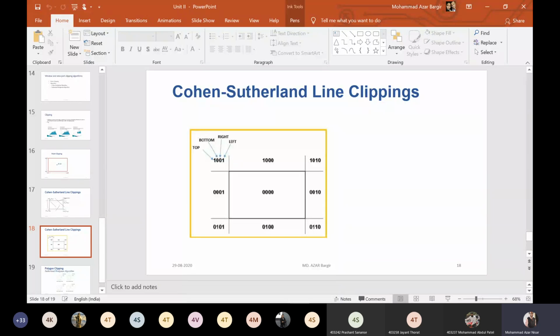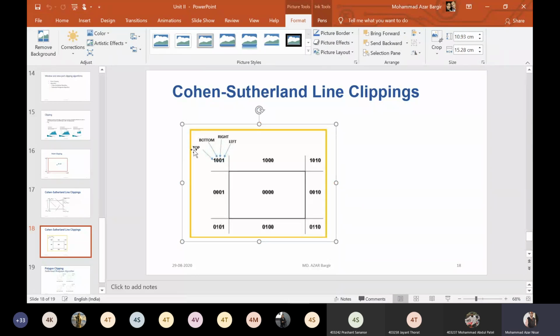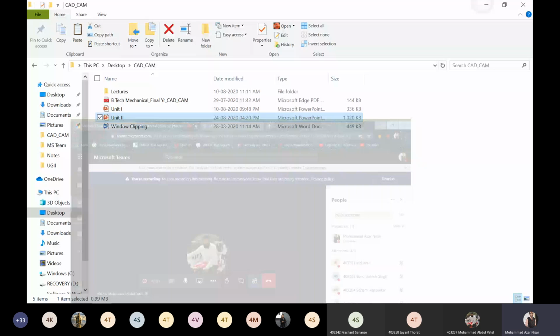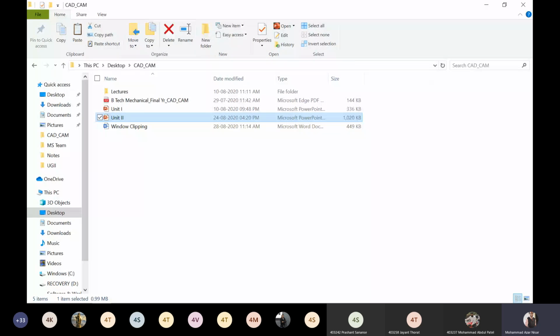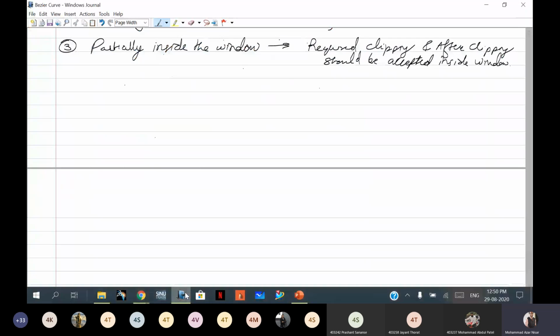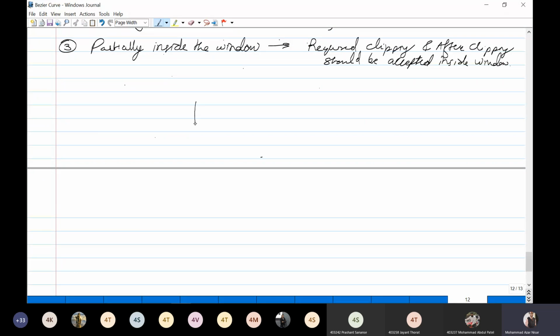Now, how do we get these codes? There is a term called TBRL, which is nothing but top, bottom, right, and left. This is used to plot these numbers. In the center there is the window, which is inside, so it will be 0000.